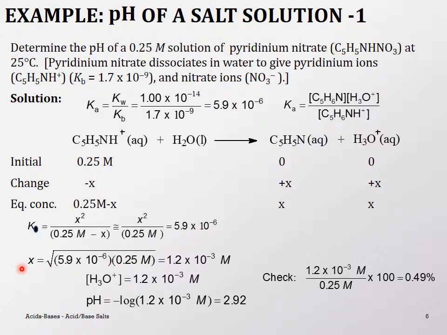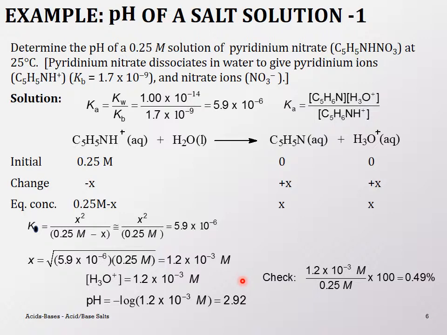Then you calculate for X. Once you have X, which is the hydronium ion concentration, you figure out the pH. You can see that even such a dilute solution of pyridinium nitrate, a weak acidic salt, has a pH of about 2.92, which is fairly good. So that's the pH, and that's how you would do the calculation for this.